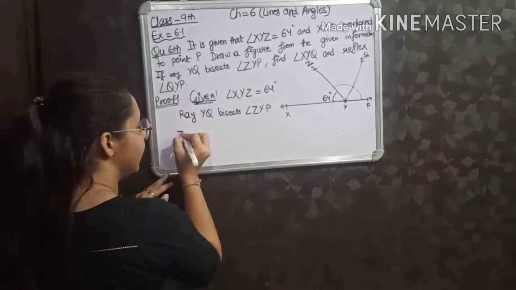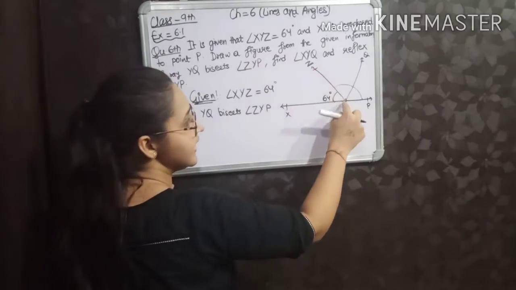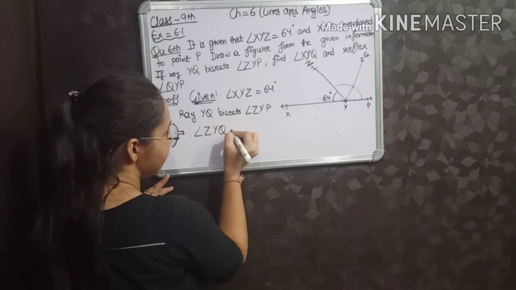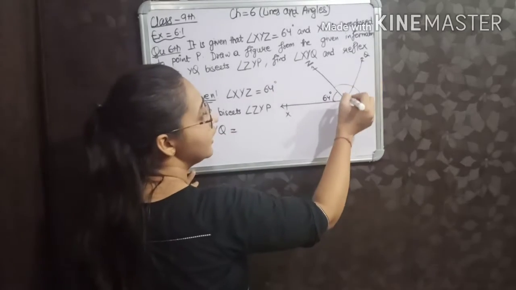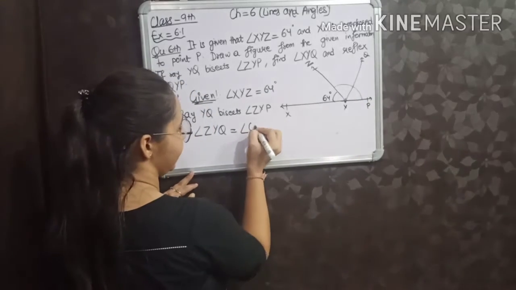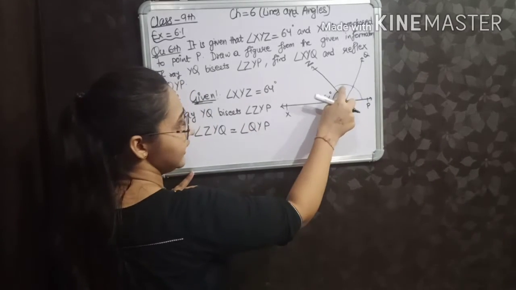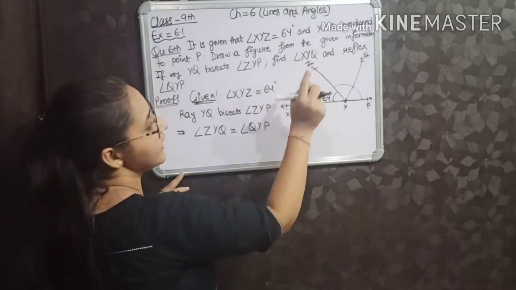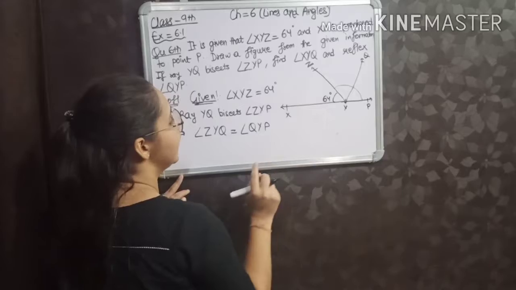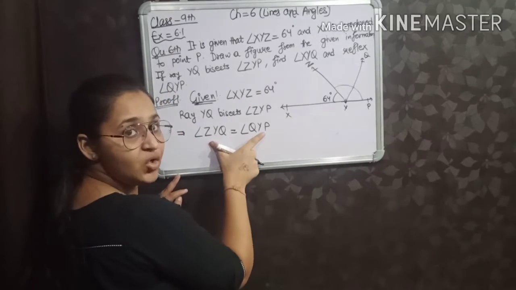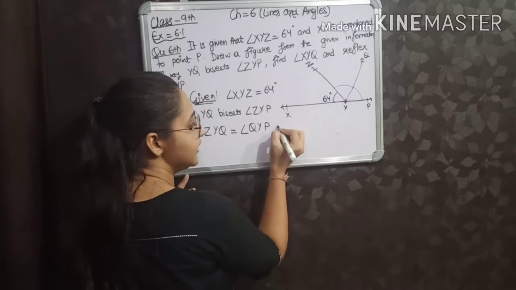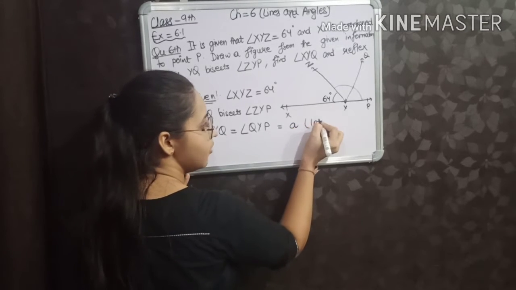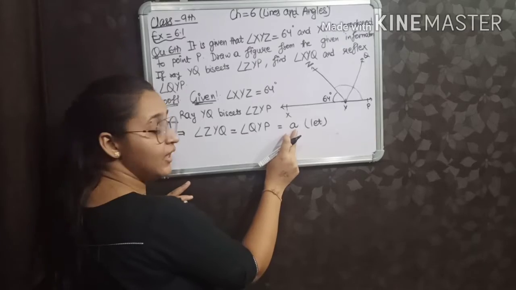It implies angle ZYQ is equal to angle QYP. Okay. This angle is equal to this angle. Now we have to find the angle XYQ. Now if these two angles are equal, I can consider both of them as angle A.